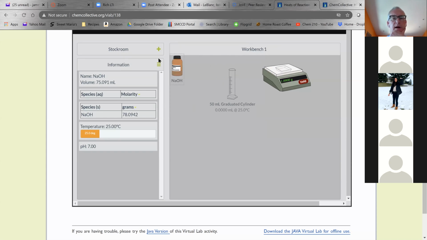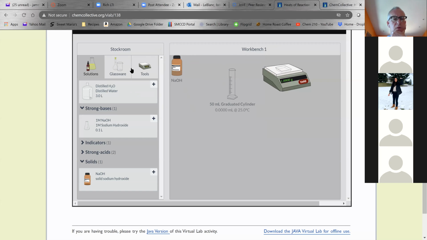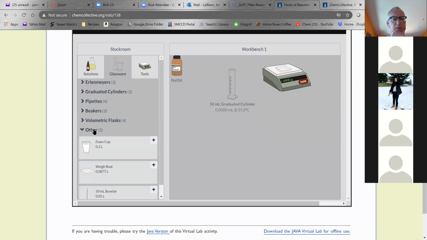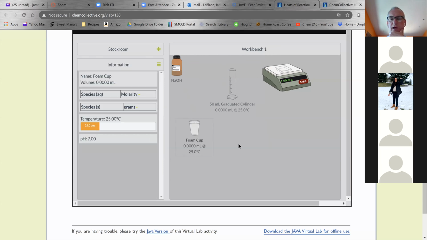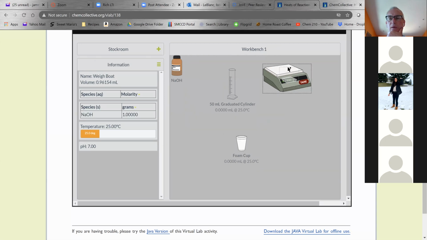Now I'm going to get my glassware, other. I want my foam cup. There's my new foam cup. Professor, I keep pressing tare, but it won't reset it. Oh, okay. If you removed it and then put a new balance on, it would do that.